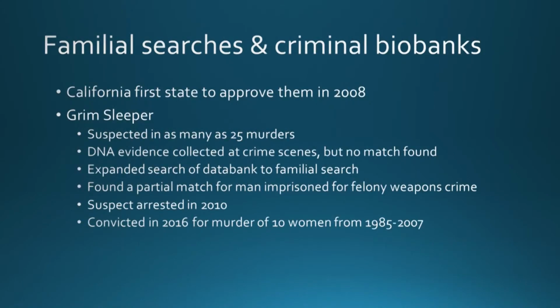One thing I will say, when California set this up and said, yes, it is okay to use CODIS or the state version of CODIS for familial searches, they set some parameters around it. And they said it needs to be an unsolved case that's really serious, and you've exhausted all sorts of other possible paths.